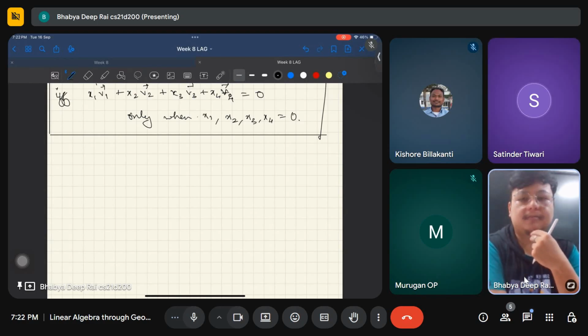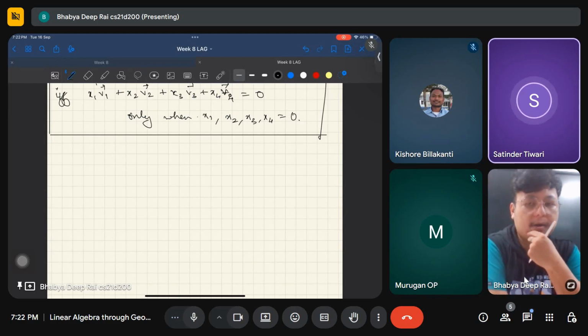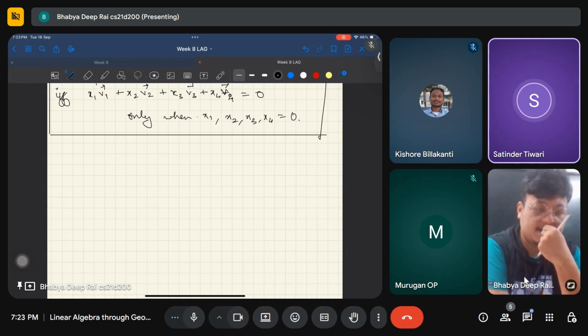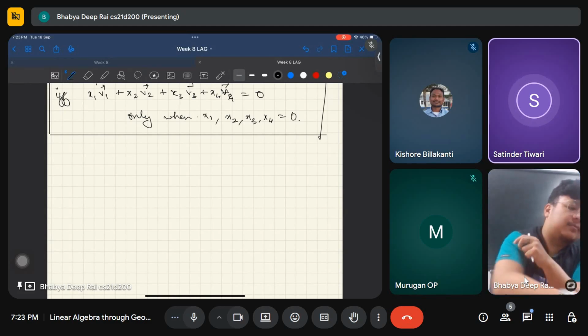Okay. Yeah. So I was concerned about taking 4 vectors. I can't say that it is volume, because if it is 2 dimensions, I can say it is area. That's right. If it is 3 dimensions, I'm saying volume.